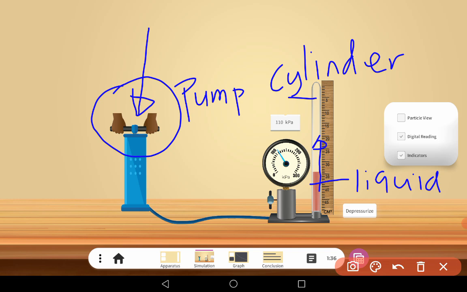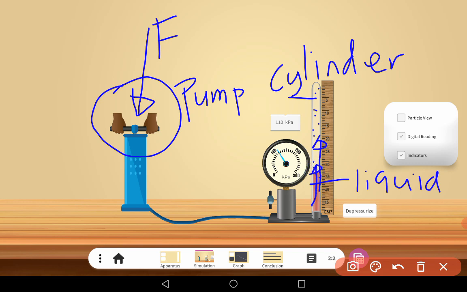The effect of the liquid rising up is that it's going to reduce the space. This space here contains air particles. When a force is applied downwards, it's going to cause the liquid to rise up.